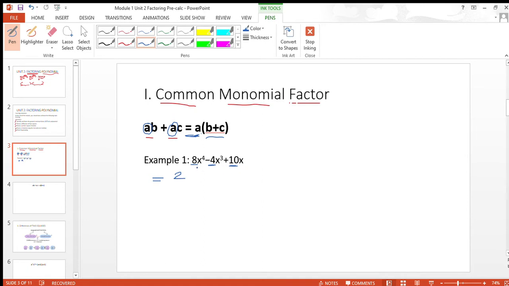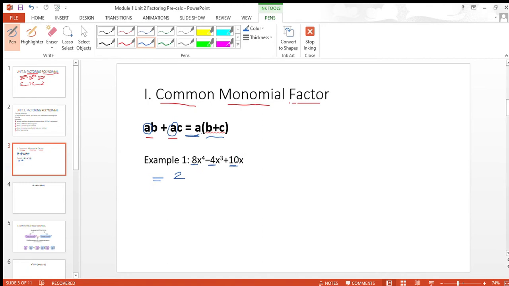And then we go to the literal parts or to the literal coefficients. And looking at the literal coefficients, we have the variable x in each term of the polynomial. Now, if we find a literal coefficient to be common, the clue there is we always factor out the one with the lowest exponent.